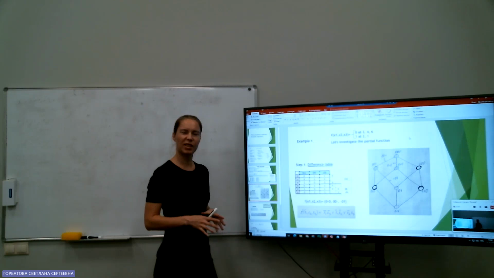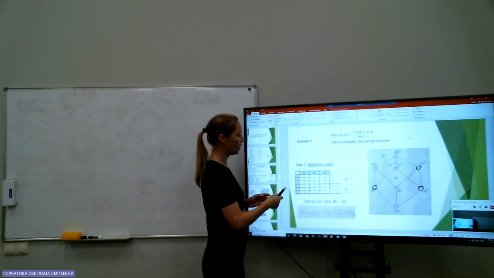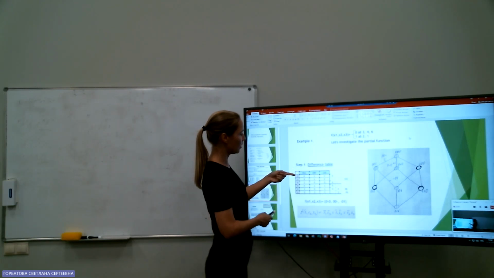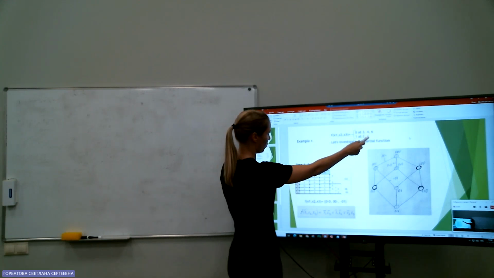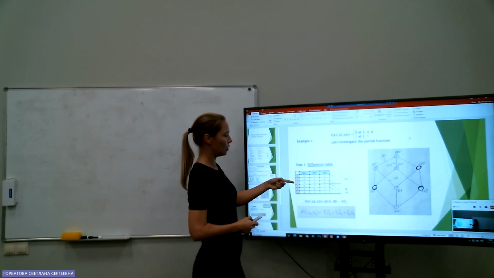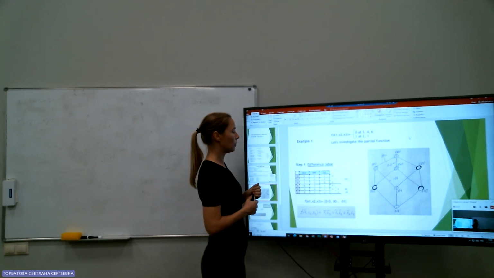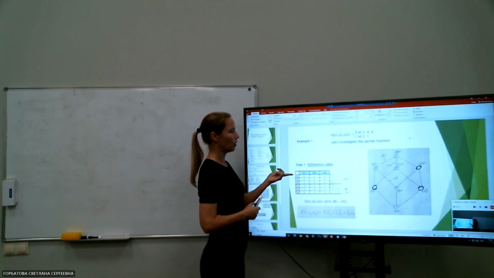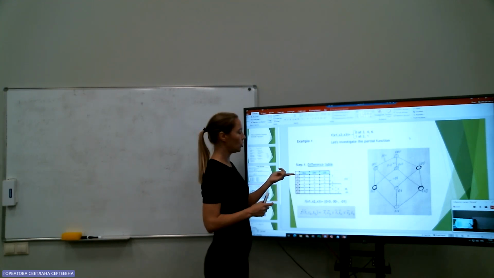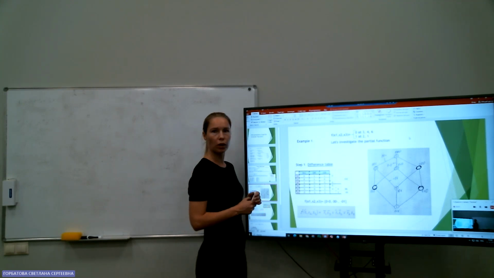Is it clear or is it difficult? So it is a point where function equals to 1, point 2, 0, 1, 0. So each row consists of digits of point where function equals to 1.